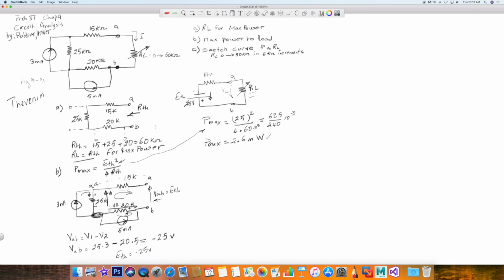Since the current will be going this way, that would be I load. So for us, the power at any time consumed by RL, let's call it P load, will be equal to VL squared divided by RL.